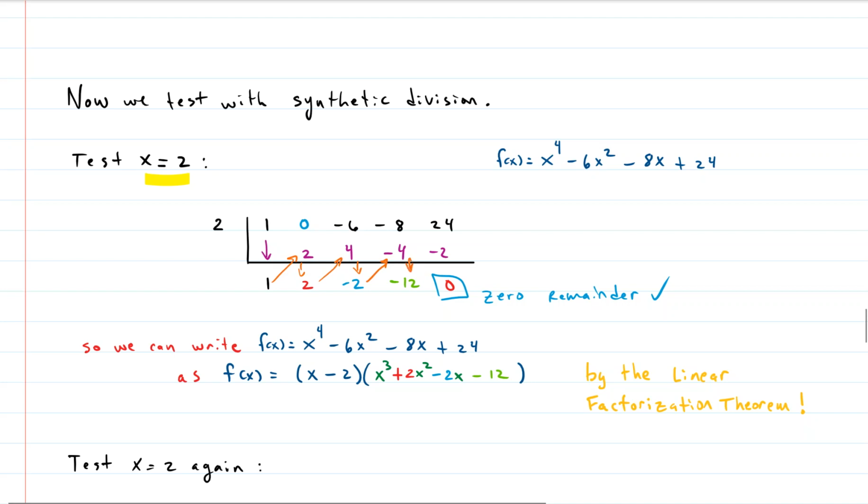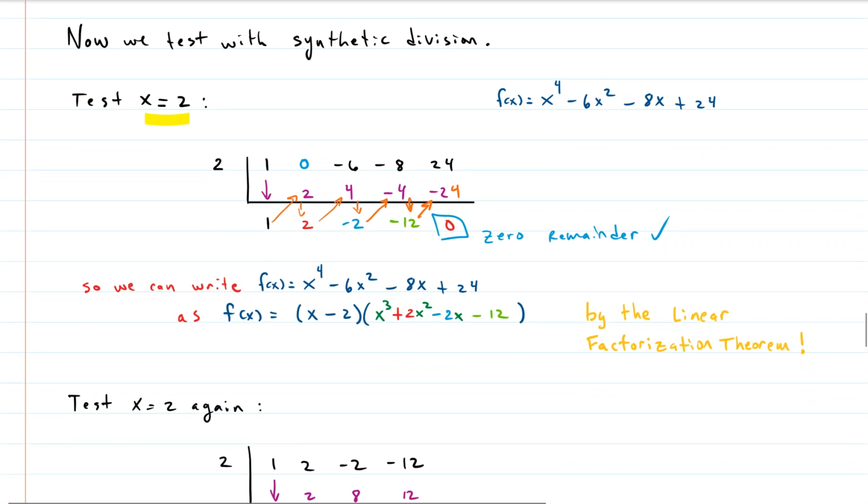And 2 times -12 gives us, typo, -24. And we add and we get 0. So as we assumed and knew would happen, we verified algebraically that x equals 2 is indeed a root.